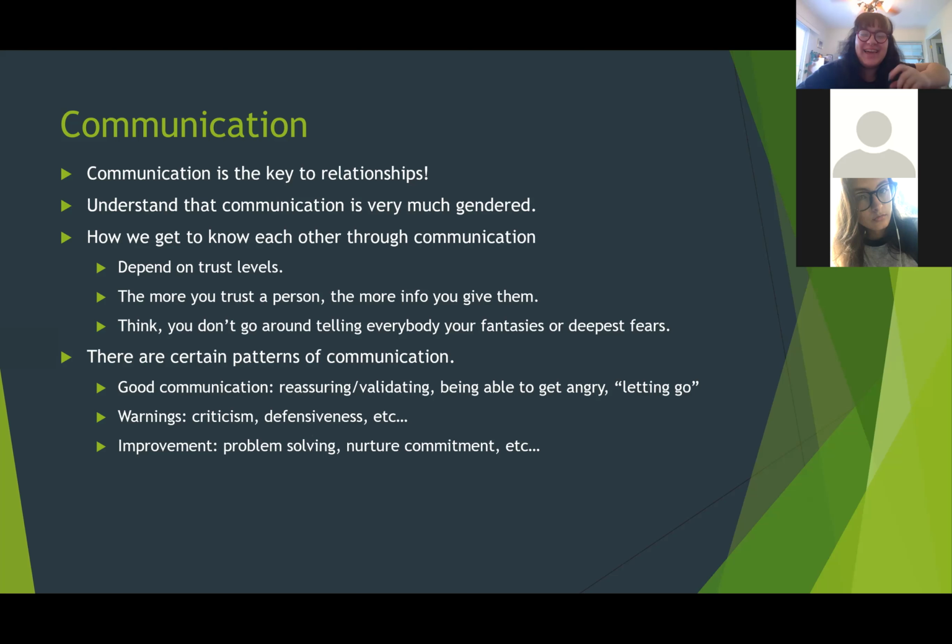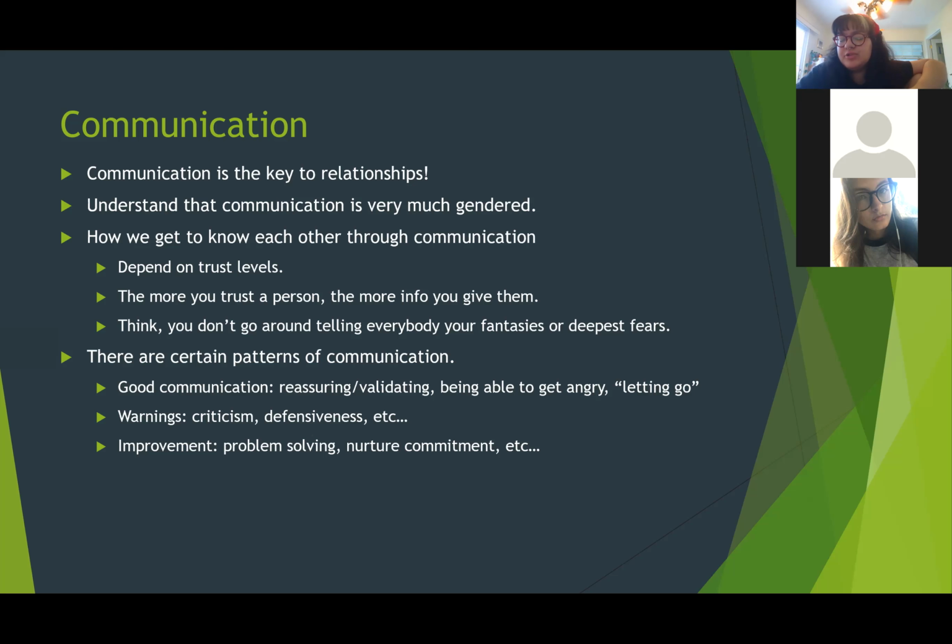But then as those levels of trust keep accelerating, you start seeing stuff like, these are my past experiences, these are my biggest fears, this is who I think I am, and my perception of self. So the more you trust a person, the more info you will give them, and the more the communication will become better.